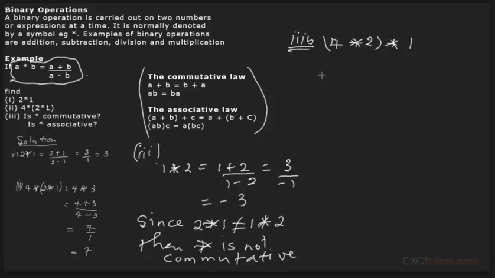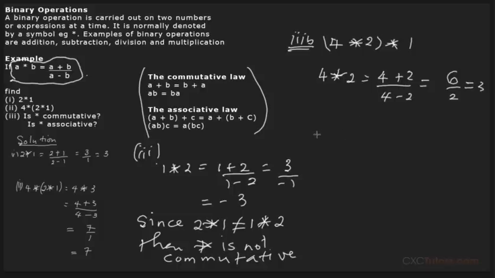And so let us see what 4 star 2 really is. 4 star 2 is equal to, always go back to what is given in terms of A star B, and that is equal to A plus B over A minus B. Our A takes the value 4 and our B takes the value of 2. So that becomes 4 plus 2 divided by 4 minus 2, and that is equal to 6 divided by 2, which is equal to 3.